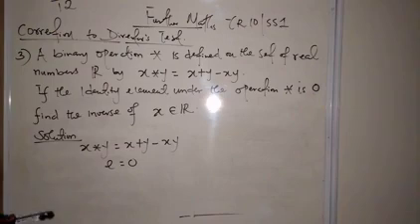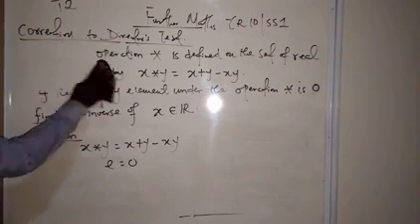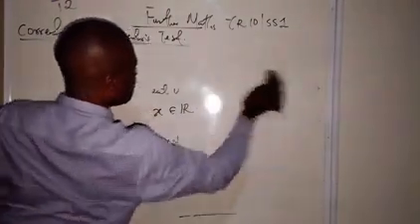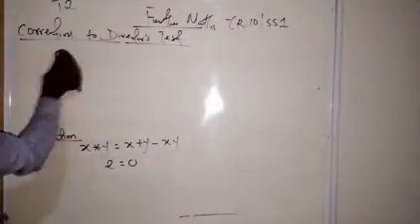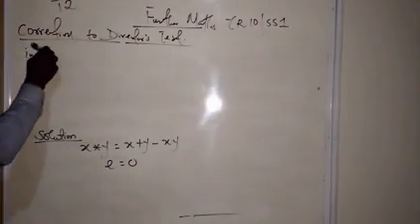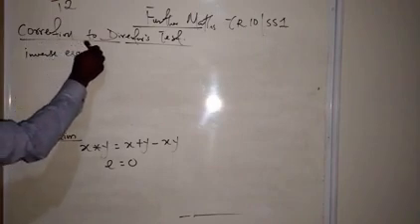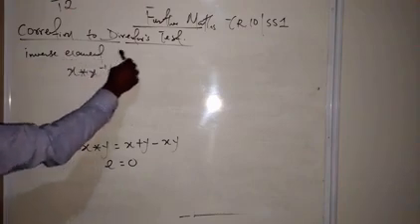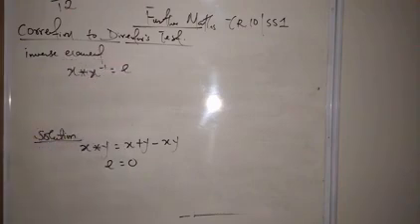So we want to find the inverse element. So remember that to find the inverse element, x star x inverse must give us the identity element.